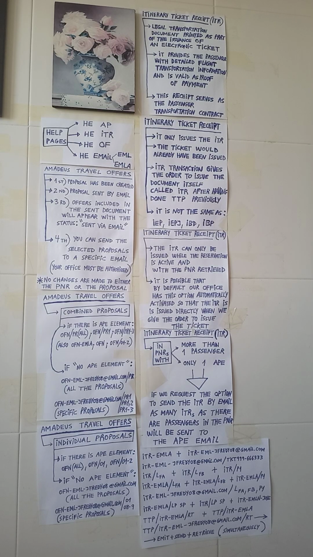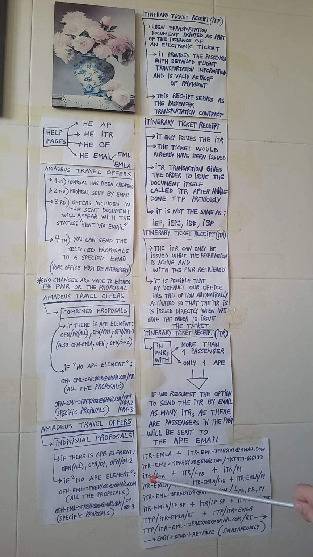Next, we see three similar transactions: 1, 2, and 3. The first and second transactions are used to view the ITR document associated with lines or segments of the PNR of type FA and type FB.